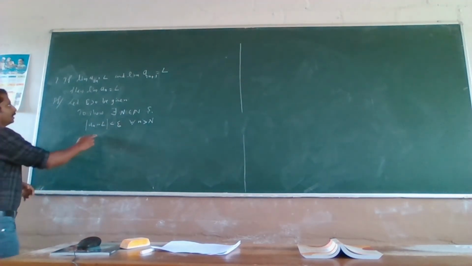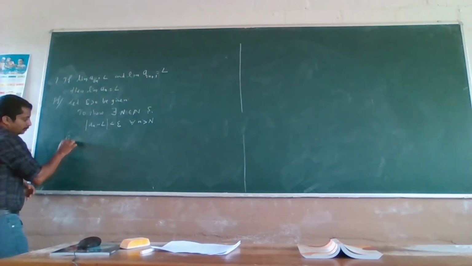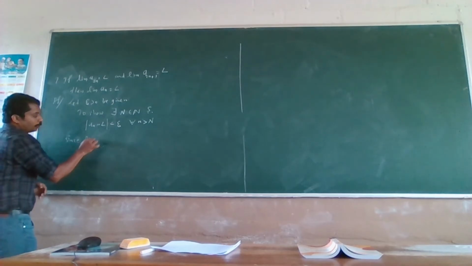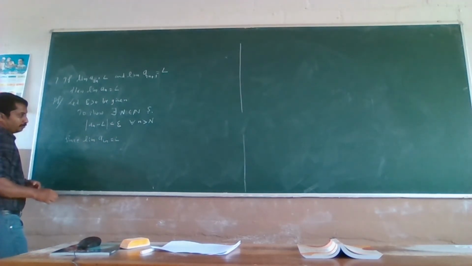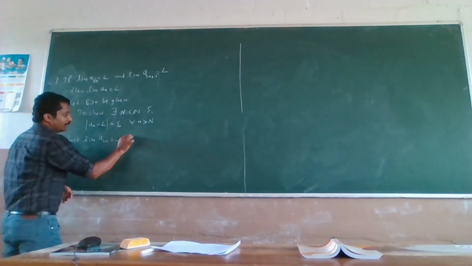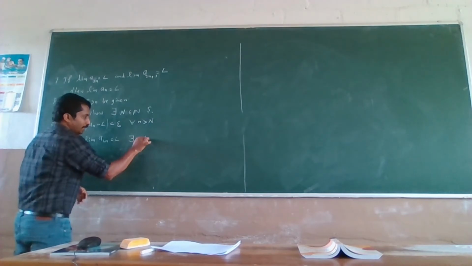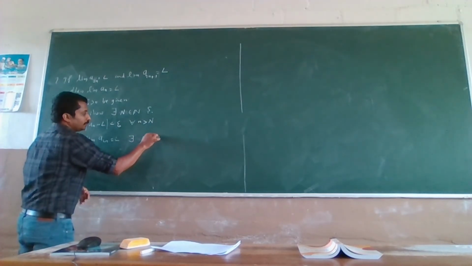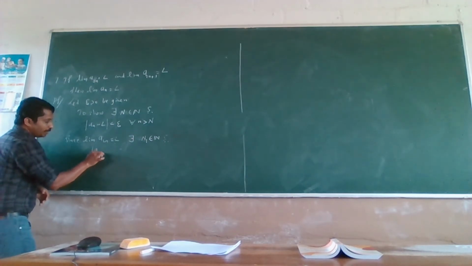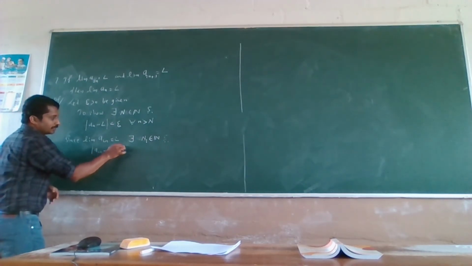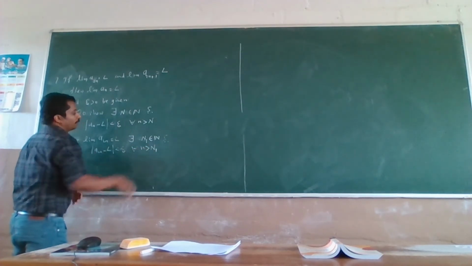Now it is given that limit of a_2n is equal to l. By the definition, there exists a natural number capital N1 such that modulus of a_2n minus l is less than epsilon for every n greater than N1.